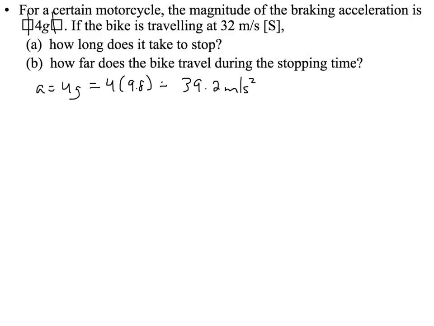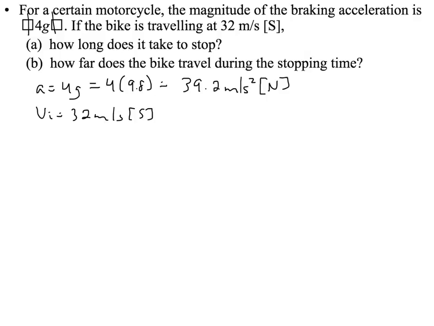Next, if the bike is traveling at, we have VI is 32 meters per second south. Since we're talking about braking, we know that the acceleration is going to be north because it's going to work in opposition to motion.